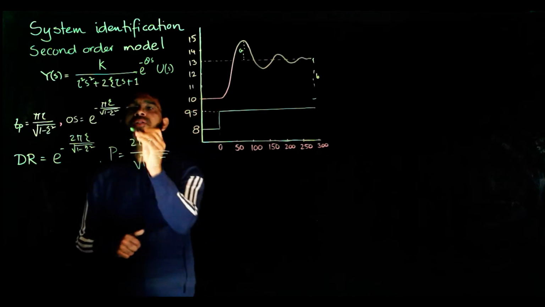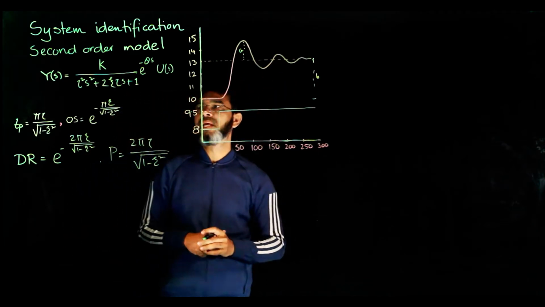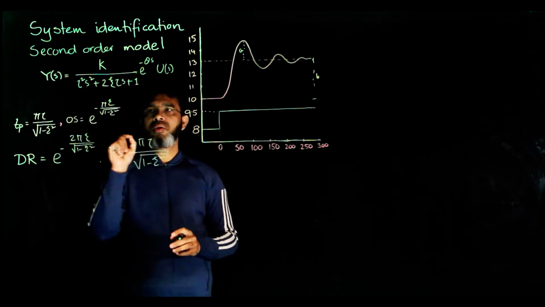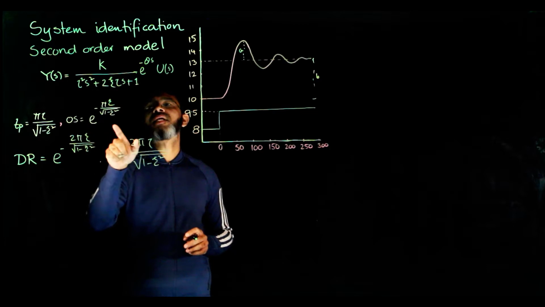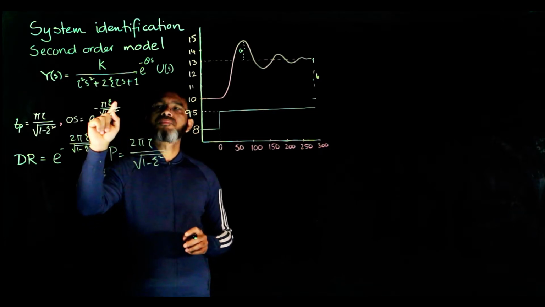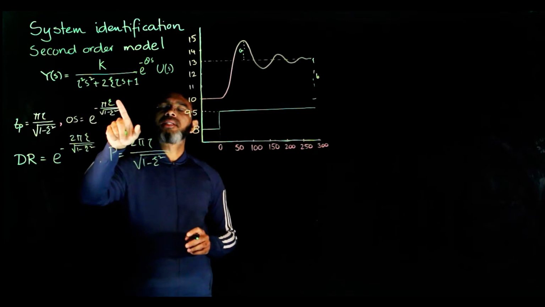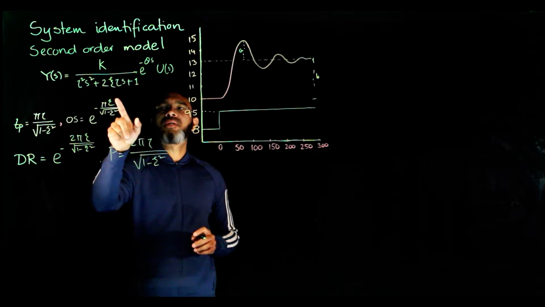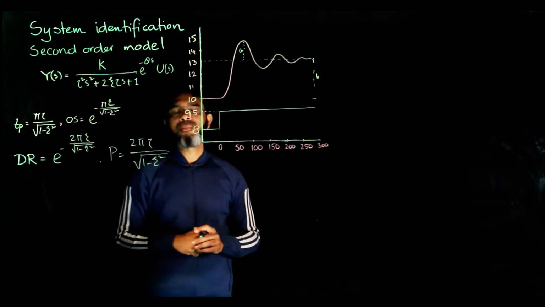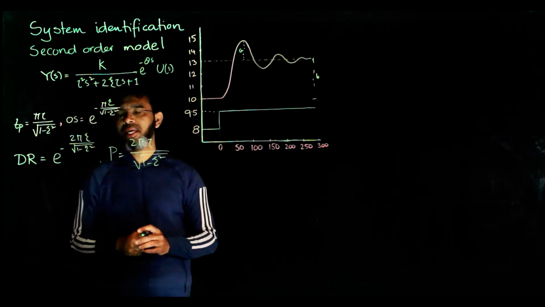So overshoot is the ratio of these two, A over B. Again, remember it's a ratio, so it shouldn't have any unit. You can see this is an exponential term with the damping coefficient, without any unit, and the square root of 1 minus damping coefficient squared, so it doesn't have any unit in this case.